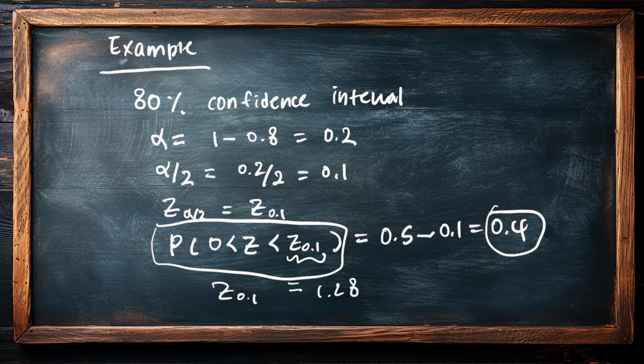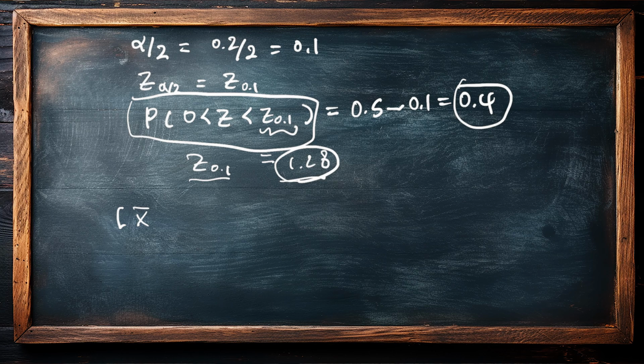Now that we have figured out this particular z-score, such that the probability of the random variable z being between 0 and z of that value is equal to 0.4, we can plug in this value in place of the z in the confidence interval equation. Remember that the 80% confidence interval for mu is defined using a lower bound and an upper bound.